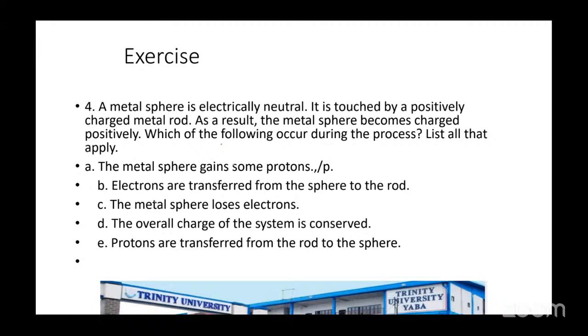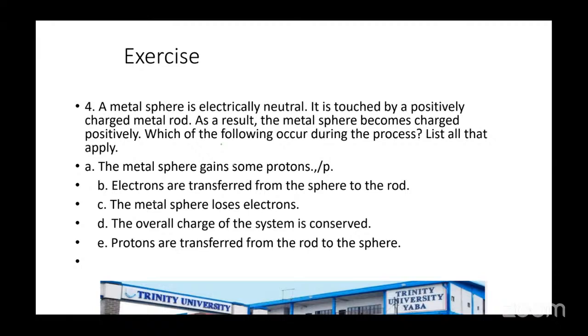So in electrostatics, protons are never transferred, which rules out choices A and E. Since A and E have to do with protons transferred from the rod to the sphere, those two are out.